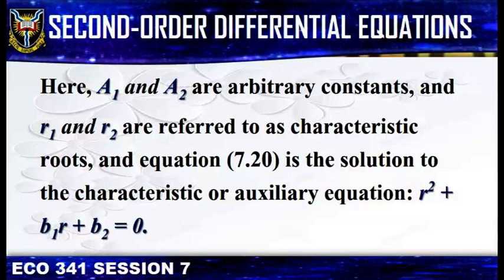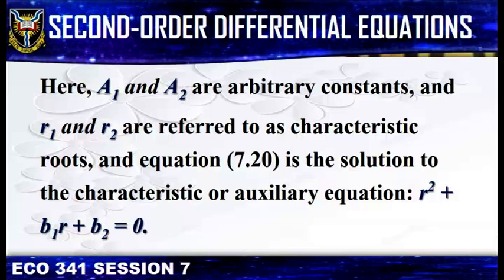Substituting in equations 7.18 and 7.19, and finally in 7.17, yc is equal to A1 e raised to the power t plus A2 e raised to the power 4t, equation 7.24.